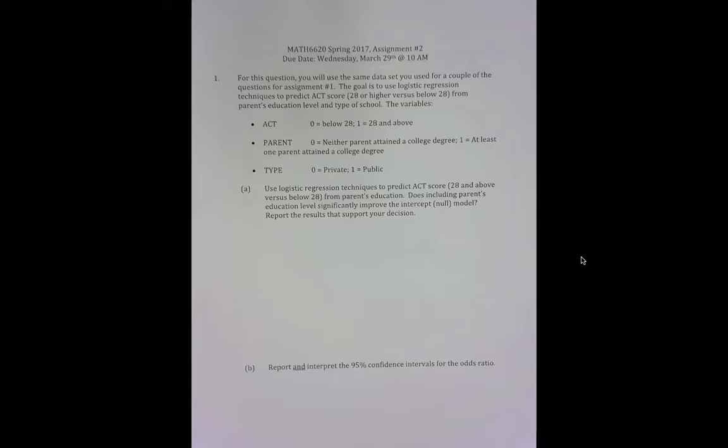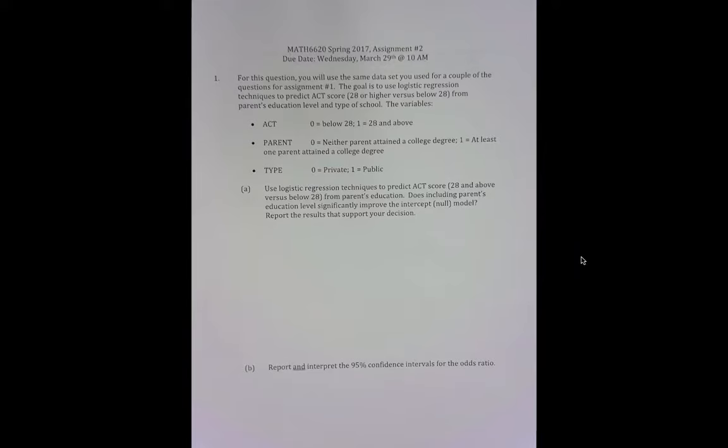The odds of scoring an ACT of 28 or higher, given that the student has a parent who attained a college degree, is between 3.34 and 17.79 times higher than if neither parent attended a college degree.